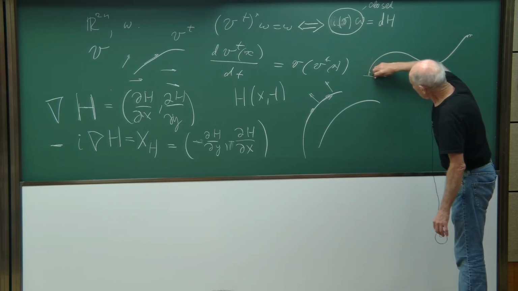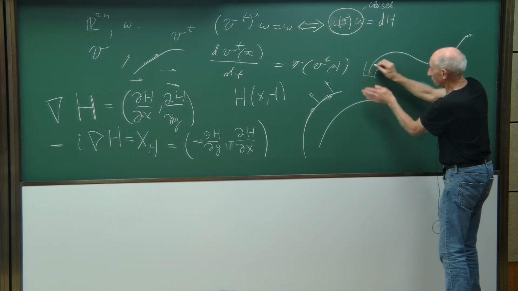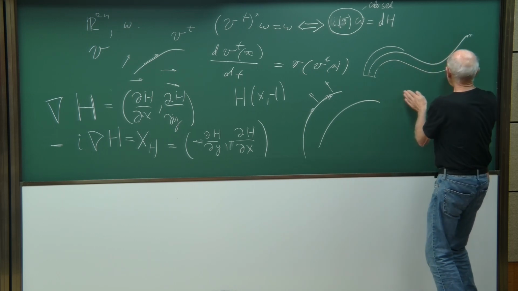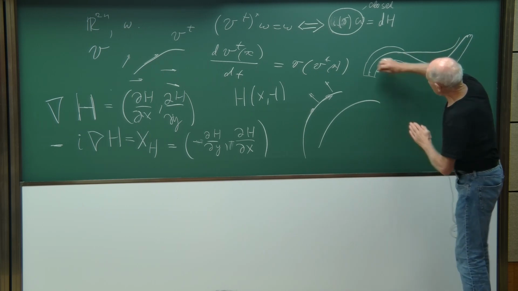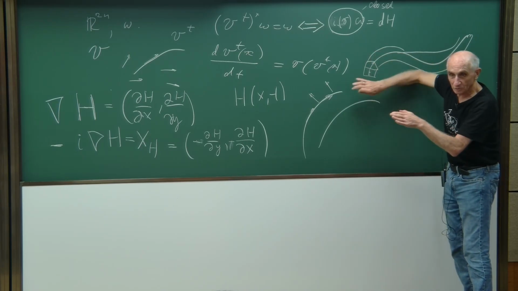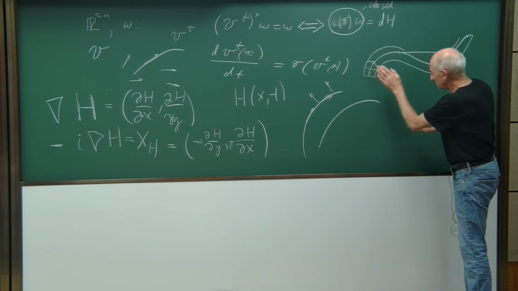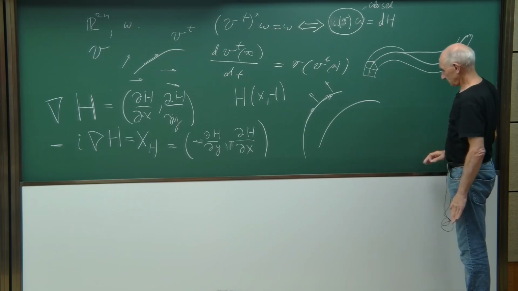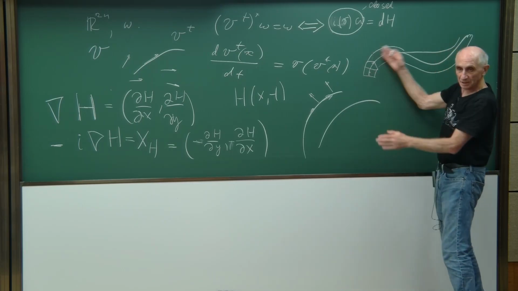Then take a piece of hypersurface containing this path, such that at every point of the path the tangent plane to the surface is tangent.